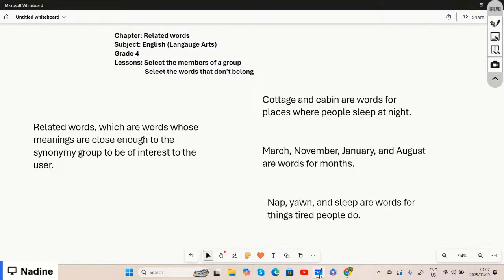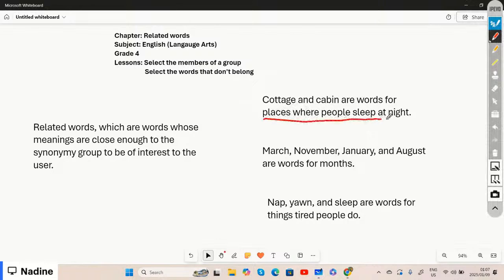If we look at an example of that, for example, places where people sleep at night, the synonymy words grouped under places where people sleep at night are words like cottage or cabin.